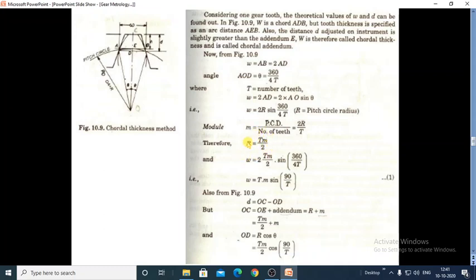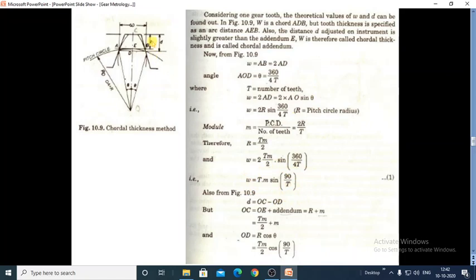Now we put this value over here, so W is equal to 2 into Tm divided by 2 into sine 360 divided by 4T. Further simplifying this equation, it becomes Tm into sine 90 by T. In such a way we got the value of W.